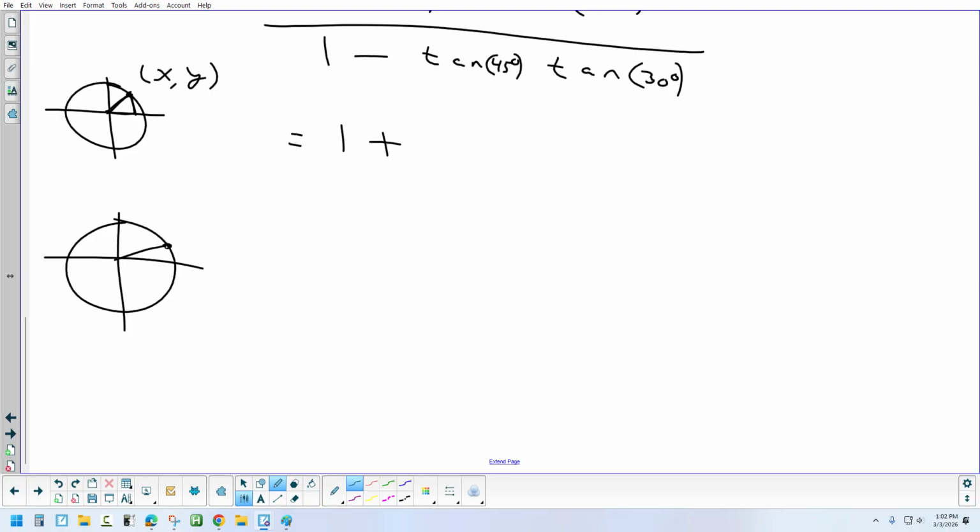30's down there. What's the y value for a 30-degree angle? Yep, 1/2. And what's the x value for a 30-degree angle? Yep. Root 3 over 2.